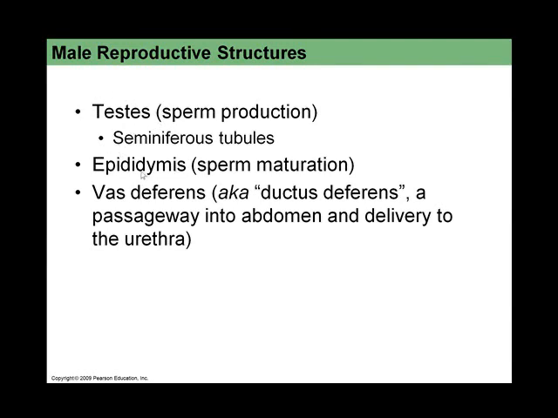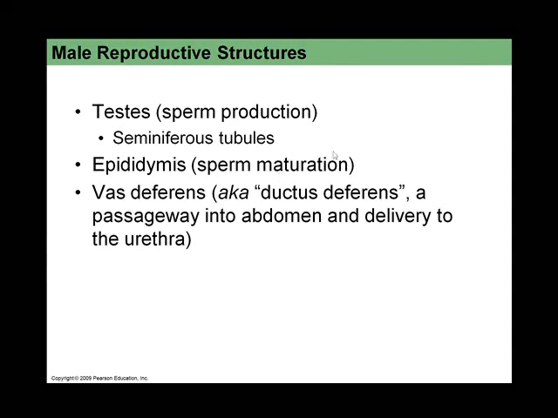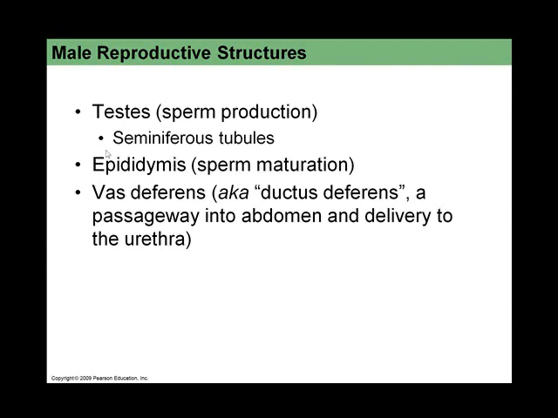The first portion outside the testes, the epididymis, is where the final maturation will occur. And so with an ejaculation, this is the source of the mature sperm that have the capability of being motile to move through the female reproductive tract and reach the ovulated oocyte.